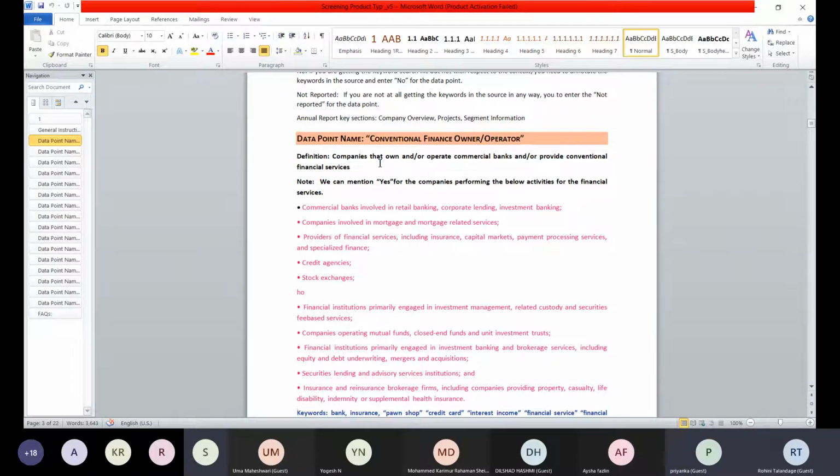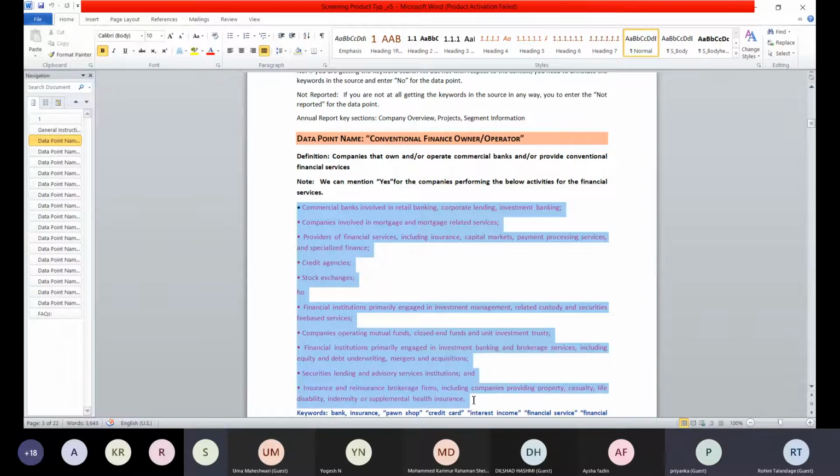Now you are able to see these points, right?